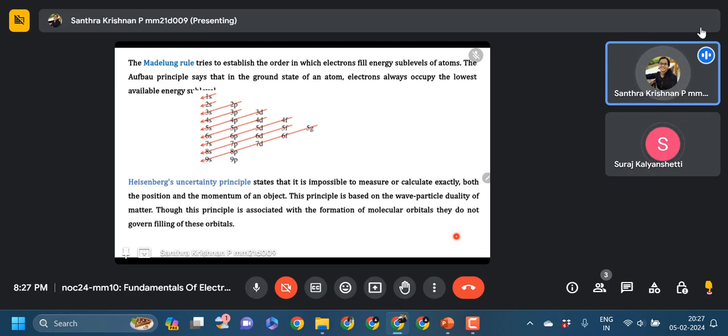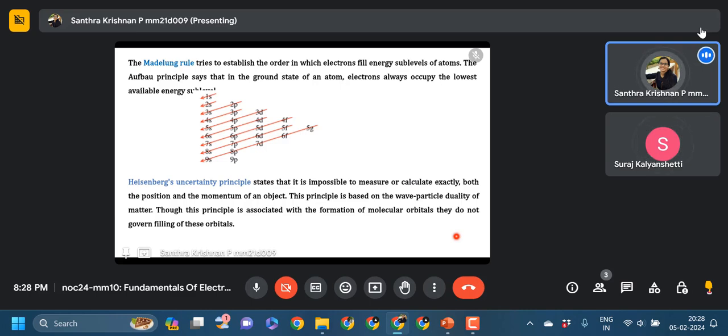And the final one is Heisenberg's uncertainty principle. According to quantum mechanics, we cannot predict exactly both the position and momentum of anything. That is what Heisenberg's uncertainty principle states. Quantum mechanics says that everything has both wave and particle nature, and because of that, we cannot predict exactly the position and momentum of anything in space.